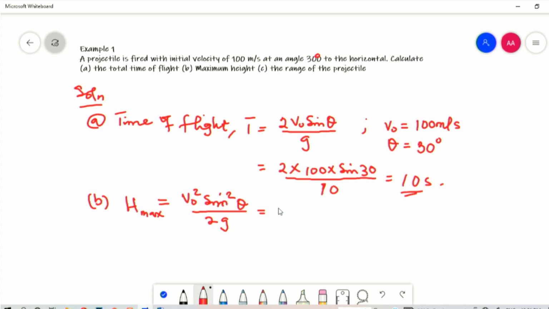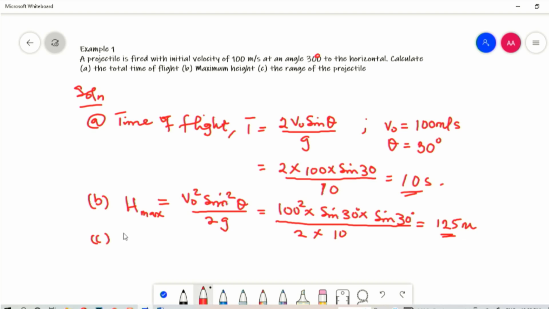Then by substitution, we have 100 square times sin 30 times another sin 30, okay, then over 2 times 10. This gives us 125 meters.